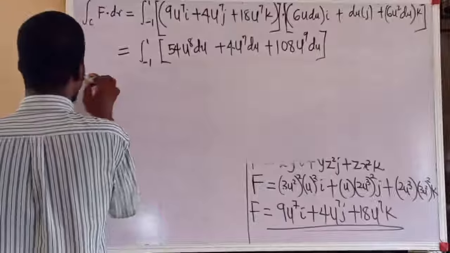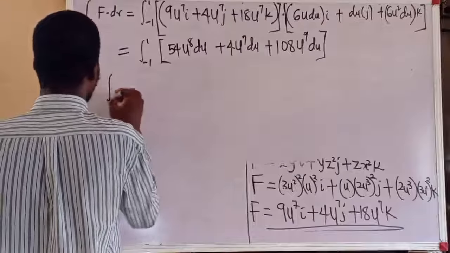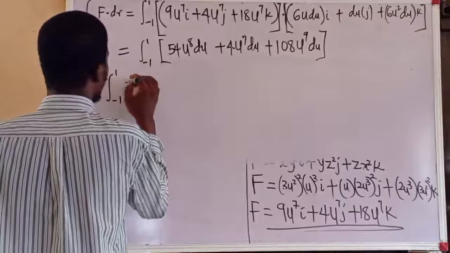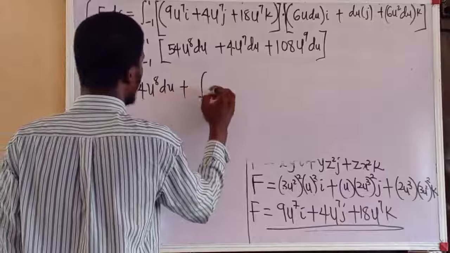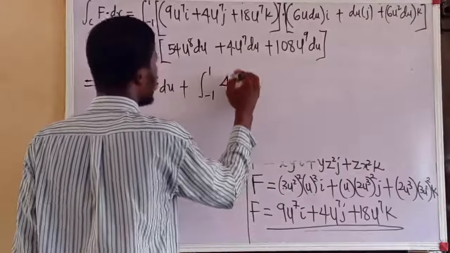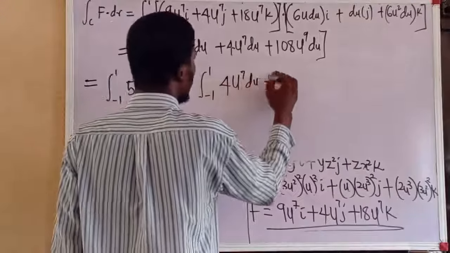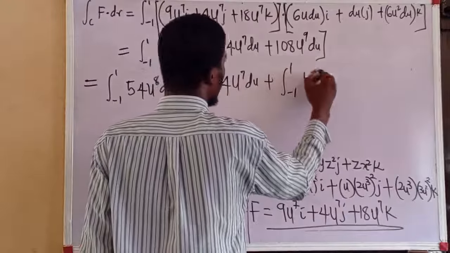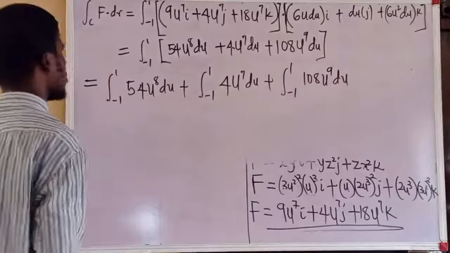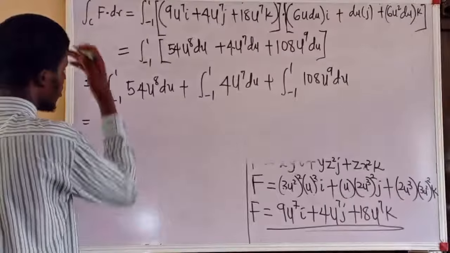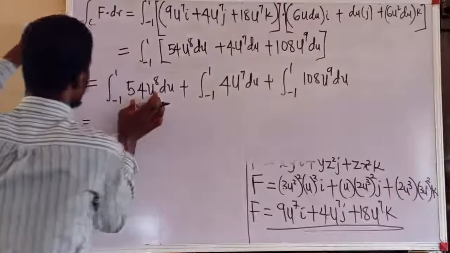So let's integrate the vector function we have. The integral from minus 1 to 1, 54u^8 du, plus the integral from minus 1 to 1, 4u^7 du, plus the integral from minus 1 to 1, 108u to the power of 9 du. Let's integrate this with respect to u.